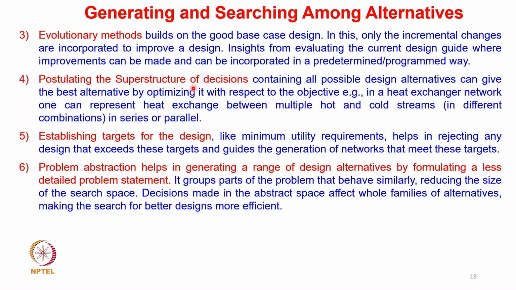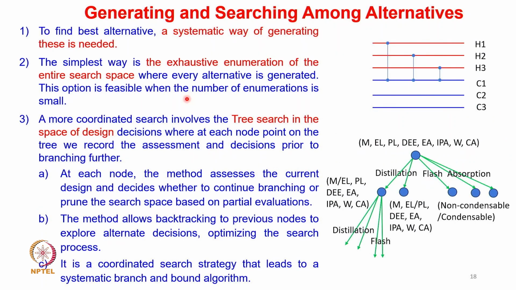The next important point is postulating the superstructure of the decision. Often we see that the entire superstructure of the decision can be formulated. An example can be, if you look at the heat exchanger network here, how many possible cases are there for exchanging heat between C1 and other streams that we can enumerate here.